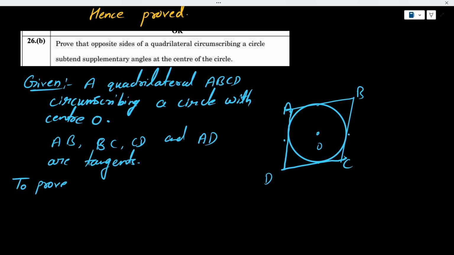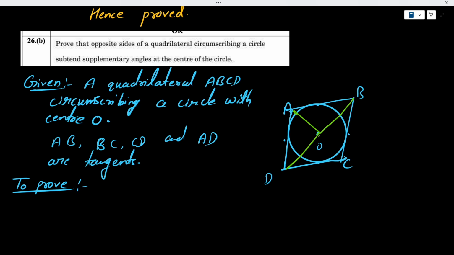Now what to prove here? We need to prove that the angle subtended by opposite sides at the center. So what are the opposite sides? AB and CD. So you can take it here, or I can draw this as a line and later on we'll take the dotted line. So this is the angle subtended by the opposite side at the center.